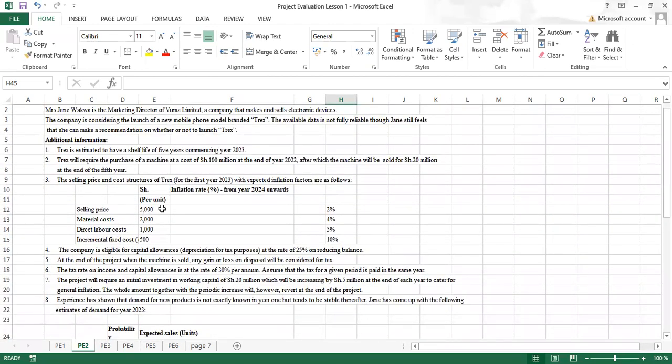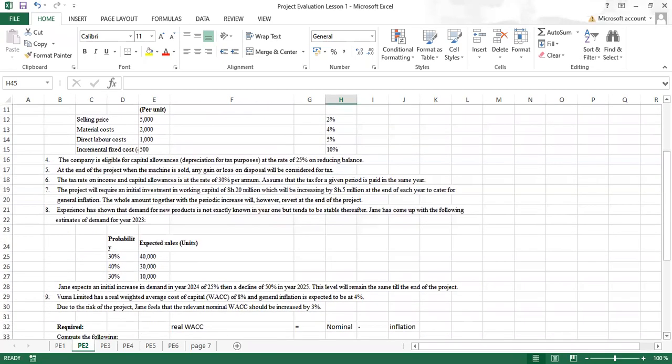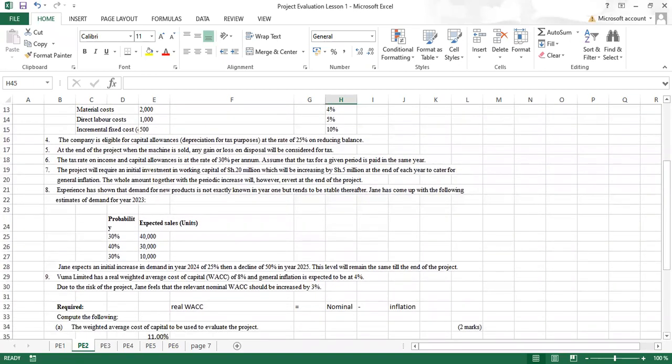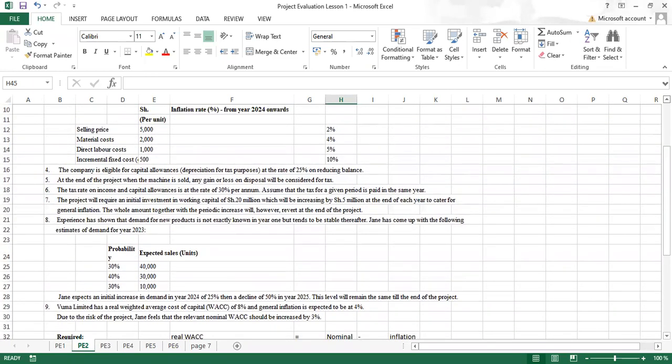We've been told the sales per unit, material cost per unit, and direct labor per unit. To make this a little simpler, we'll work in thousands. So we'll take our selling price to be 5, material cost to be 2, direct labor to be 1, and this one to be 0.5.